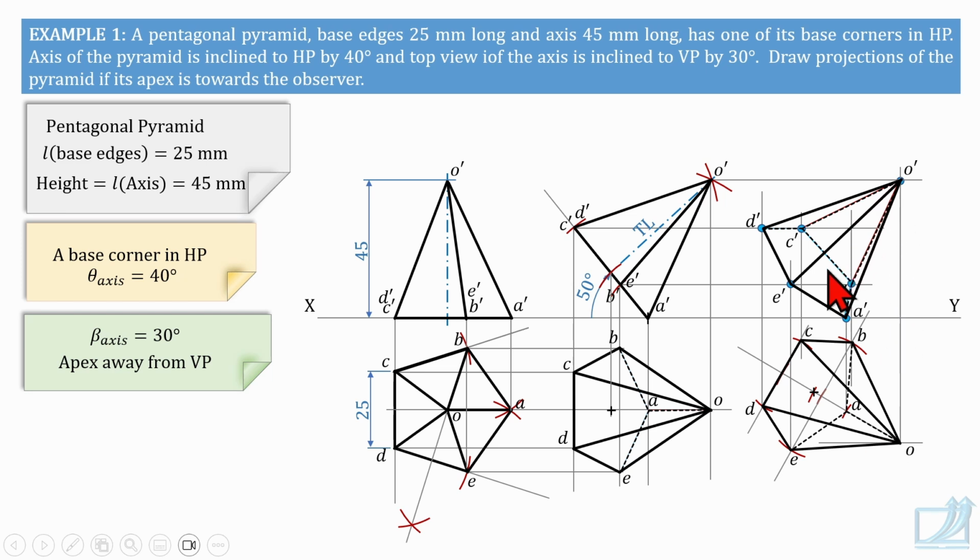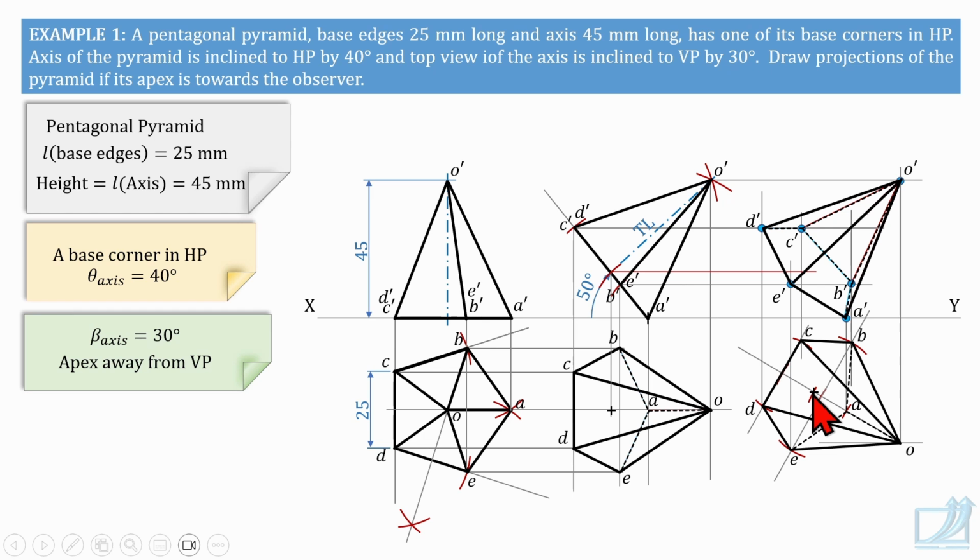Now let's check, can we draw the axis here? The axis is always from apex to center of base. So let's look at the center of base. From this point, the center of base, you should draw a vertical line, and from the center of base, that is nothing but the lowest point on the axis, you should draw a horizontal line. So watch this red colored line here.